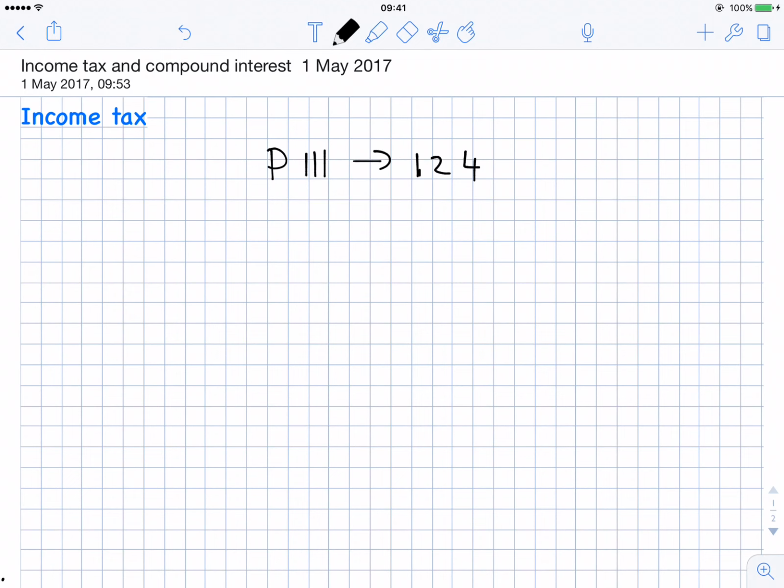So, income tax. Some of you probably have jobs, some of you don't, but I'm pretty sure most of you are aware that once you get paid, you have to pay tax on whatever it is that you're paid. So there's such a thing as your net pay and your gross pay. Your gross pay is the pay that you get before any deductions are taken out.